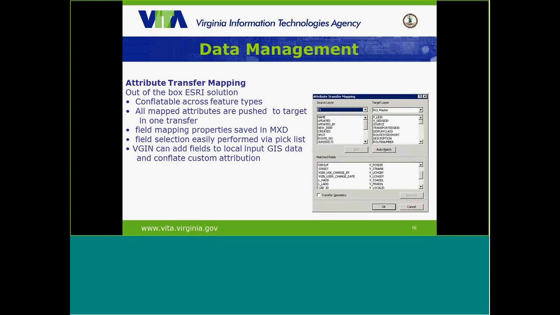That way, all of my attributes are pushed over at once, and I'm not typing everything in individually. And another nice feature is, since you've got that MXD created, you don't have to do this every time. It will automatically save in your MXD, so I'm not having to create this stuff every time I do a locality. And the workflow goes faster as well.